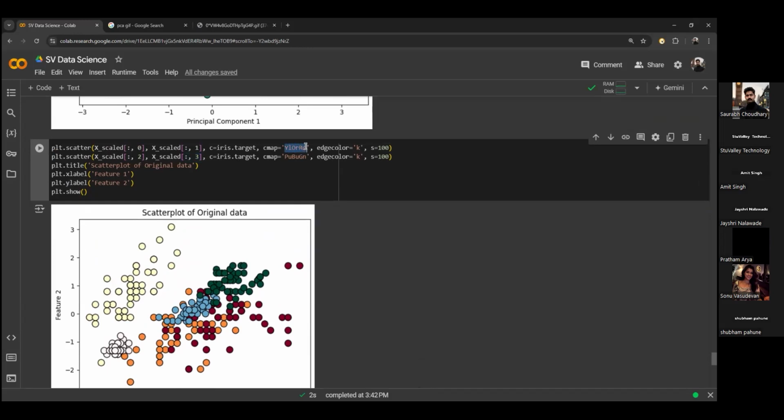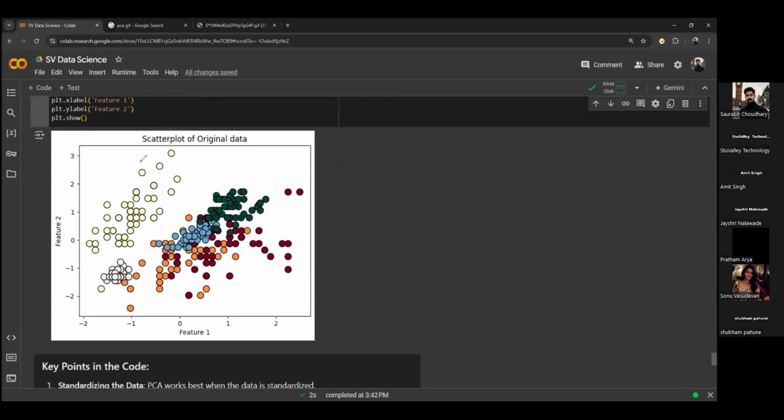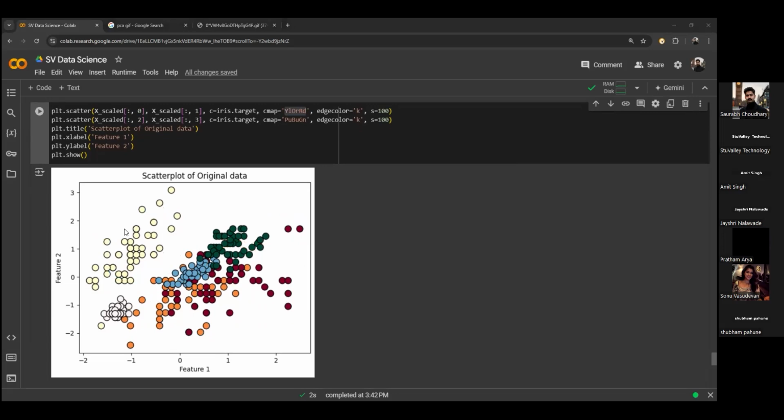Yellow, orange, red. These three colors are for the sepal length and sepal width of the three flowers. And next is petal length and petal width.